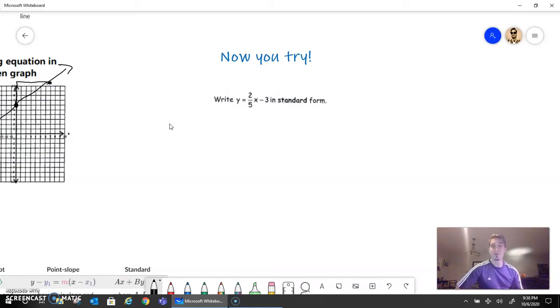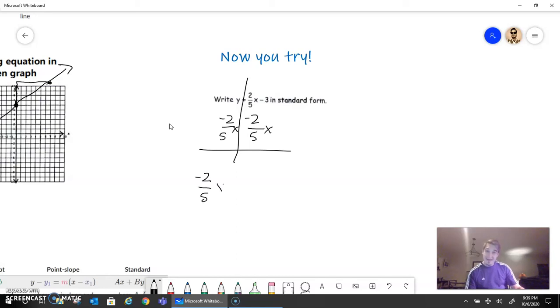All right, so to do this one, all we're going to do is move the x term to the other side of the equation again. So over here, what do I get? I get negative 2/5 x plus y equals negative 3. In the same way we did the first one, I'm going to multiply both sides by negative and then the denominator, in this case it's 5.